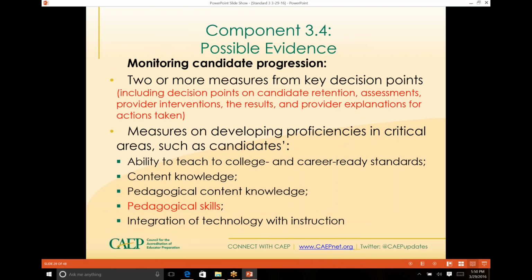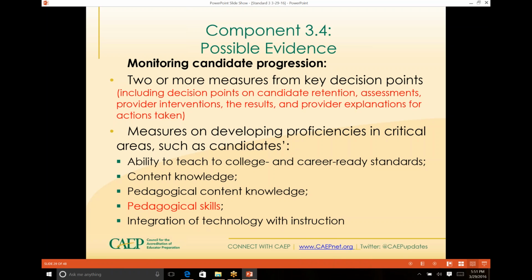Okay, two or more measures from key decision points. One of CAEP's things has been that pretty much everybody checks candidates at admissions and then at exit, but you need to have a couple of decision points in between. And I think, quite frankly, many of us do. We get admissions, prior to student teaching or at the end of academic coursework, at the end of or during student teaching, and then at exit.